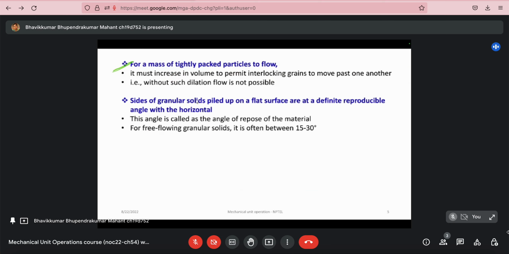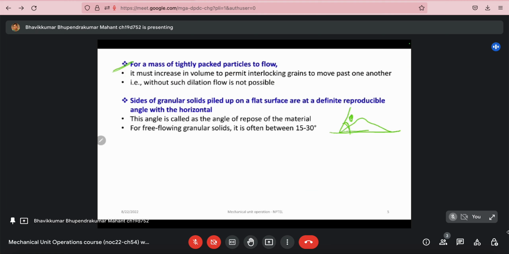Now, the sides of a granular solid piled upon a flat surface are at a definite reproducible angle with the horizontal. This angle is called the angle of repose. As you know, if we pour the solid, it piles up like this, making some angle with the floor, or with the horizontal surface.